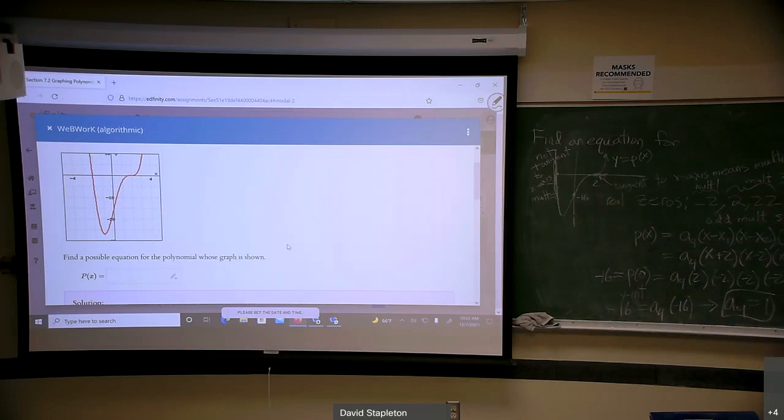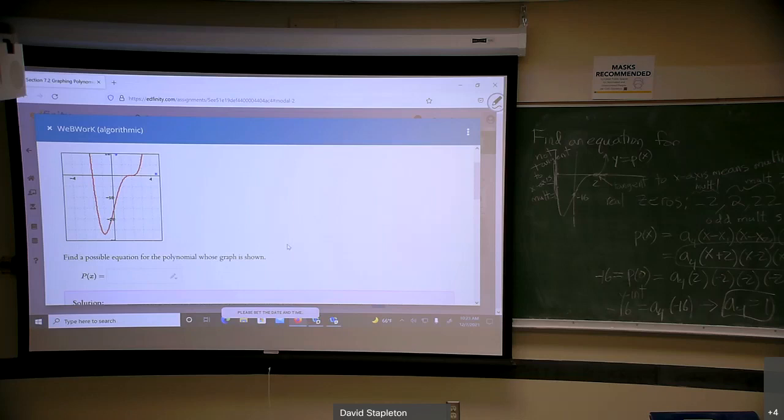It ought to be 1 on this polynomial. That means p of x must be 1 times x plus 2, x minus 2, x minus 2, x minus 2, and we write it as x minus 2 cubed. There's how it factors.